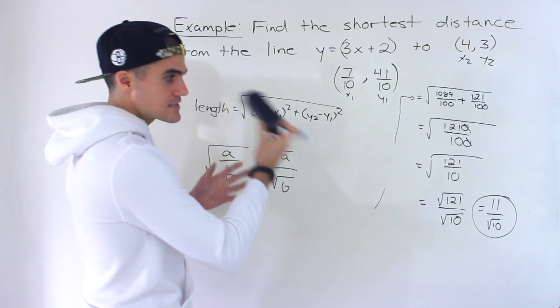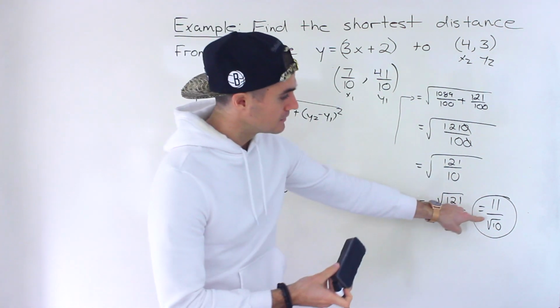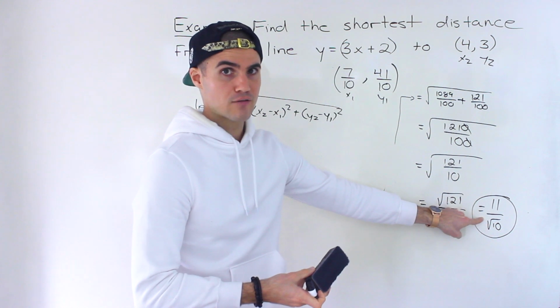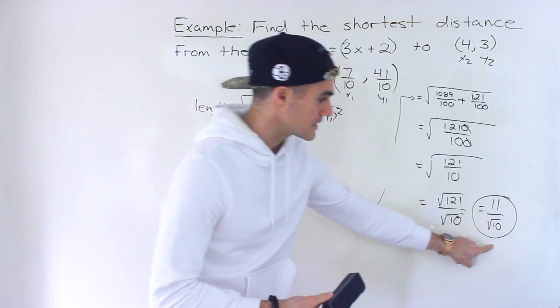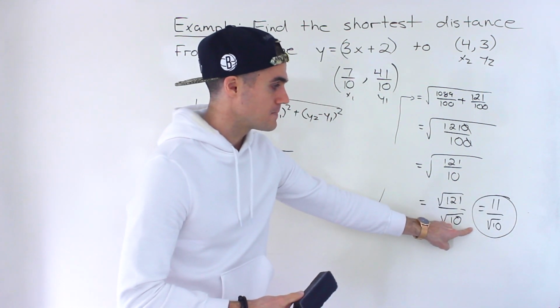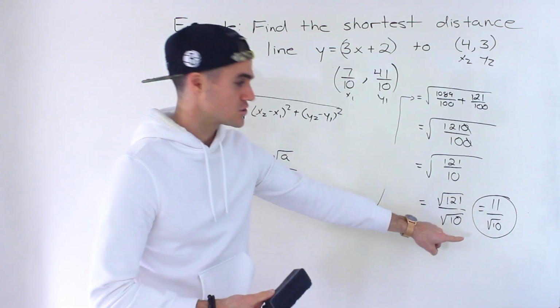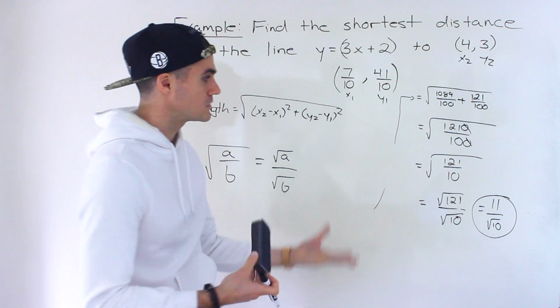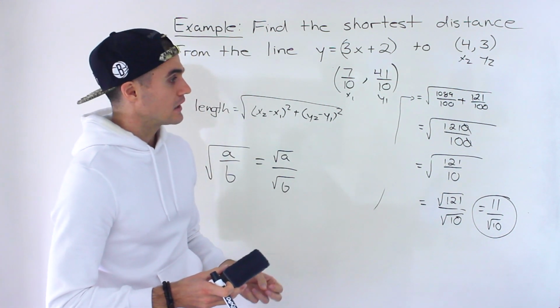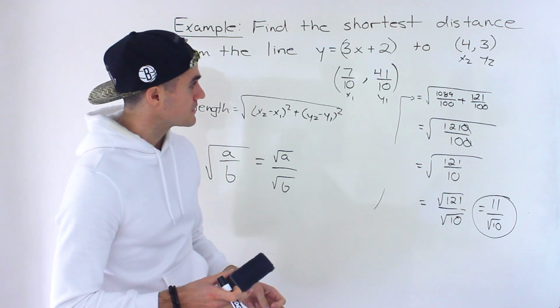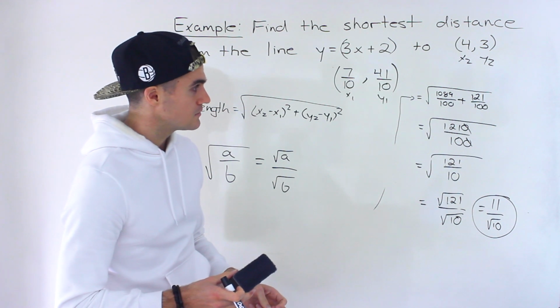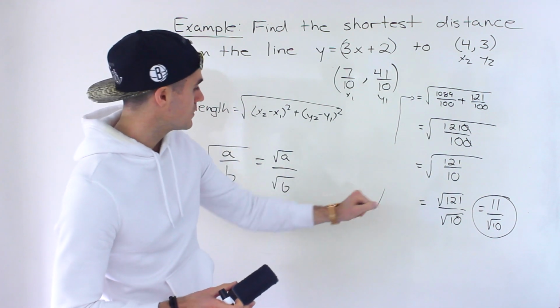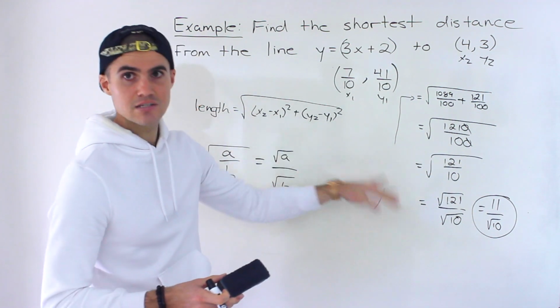Okay, so these are the steps that you follow to get an answer in that format. A lot of times you're going to see textbooks give answers in this format, and a lot of times your teacher's going to expect you to be able to get to this point over here. If they expect you to work with decimals, or if they allow you to work with decimals, then yeah, things are going to be a lot easier. You don't have to worry about all this algebra. You could plug in decimals and skip a lot of steps.